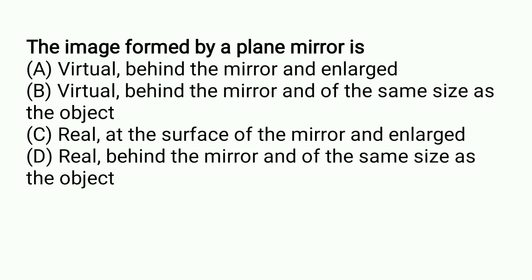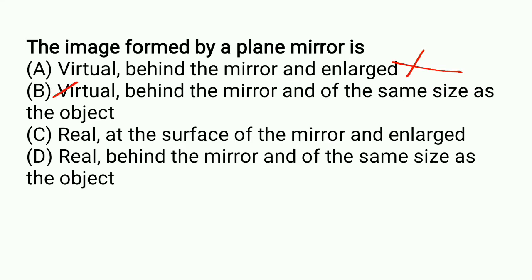Next question. The image formed by a plane mirror. Option A, we have virtual, behind the mirror and enlarged. No, an enlarged image will not be formed by the plane mirror. Option B, virtual, behind the plane mirror and of the same size as the object. Okay, so this is true.